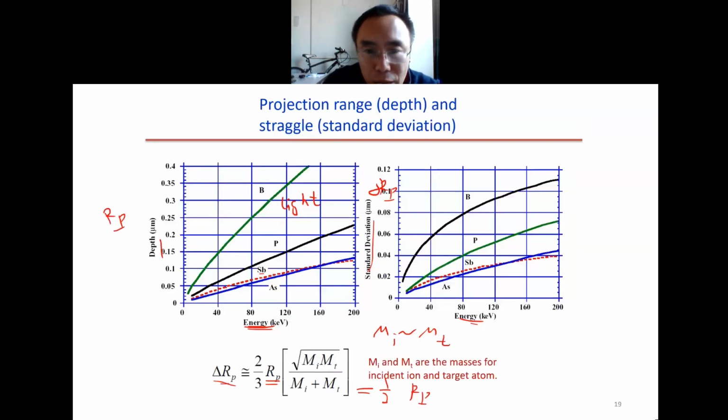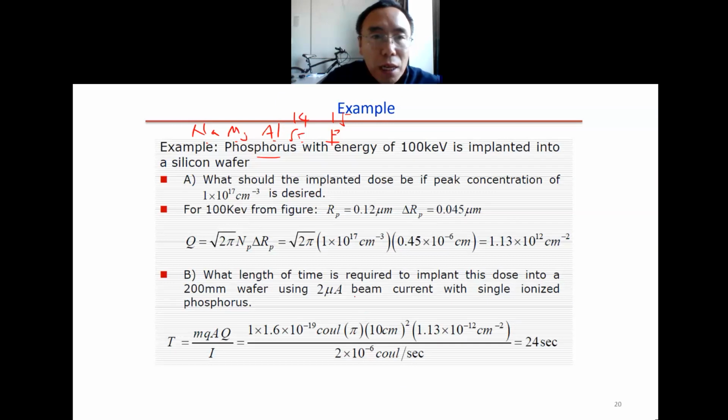So this one, Mi and Mt, will be very close. So then we have roughly this relationship. The phosphorus with energy 100 kilo-electron-volt is implanted into the silicon wafer. So what should be the implanted dose if a peak concentration of 10 to the power 17 is desired?